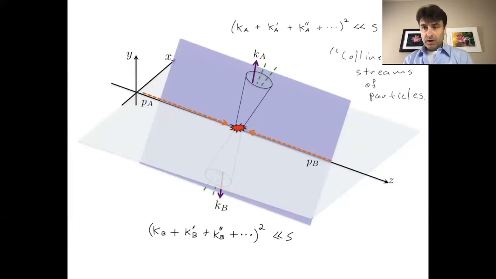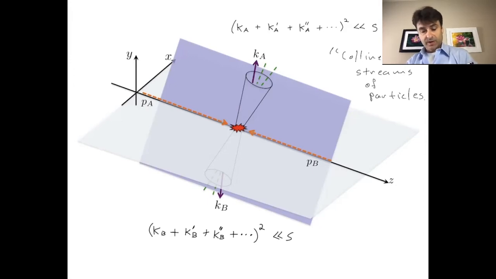Okay, now what do I actually mean by these collimated cones of particles? I can specify it Lorentz invariantly if I note that the total four-momentum of this outgoing line is going to be nearly light-like if s, the center of mass energy squared, is large.